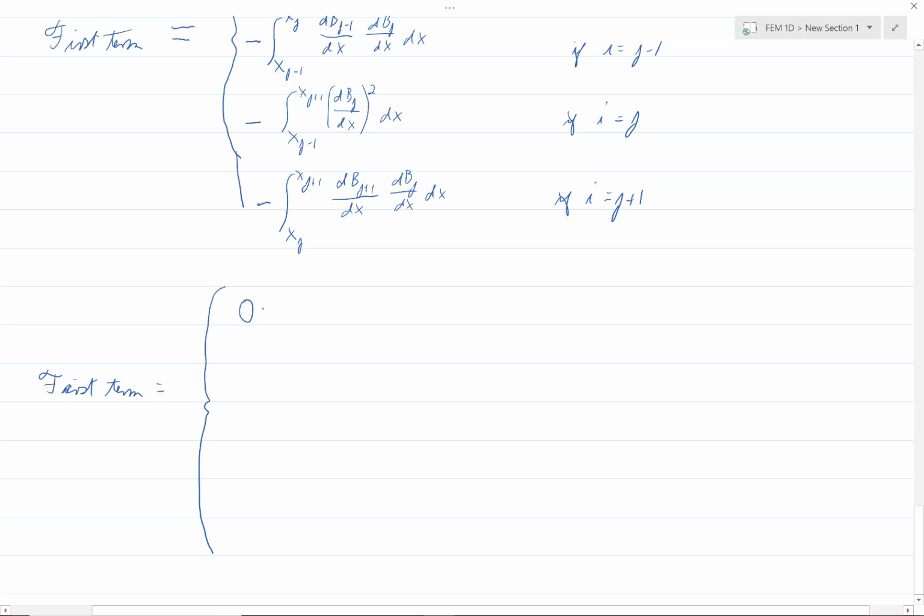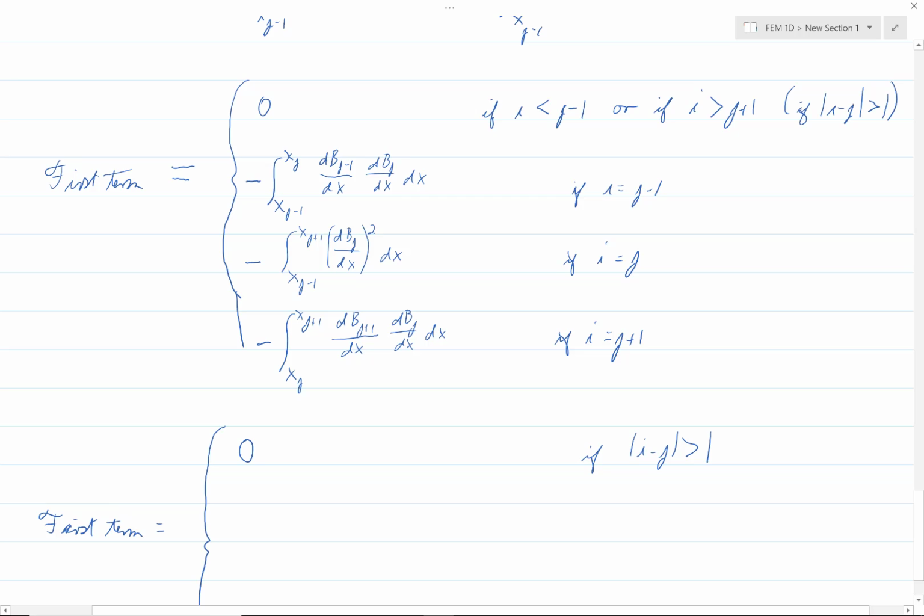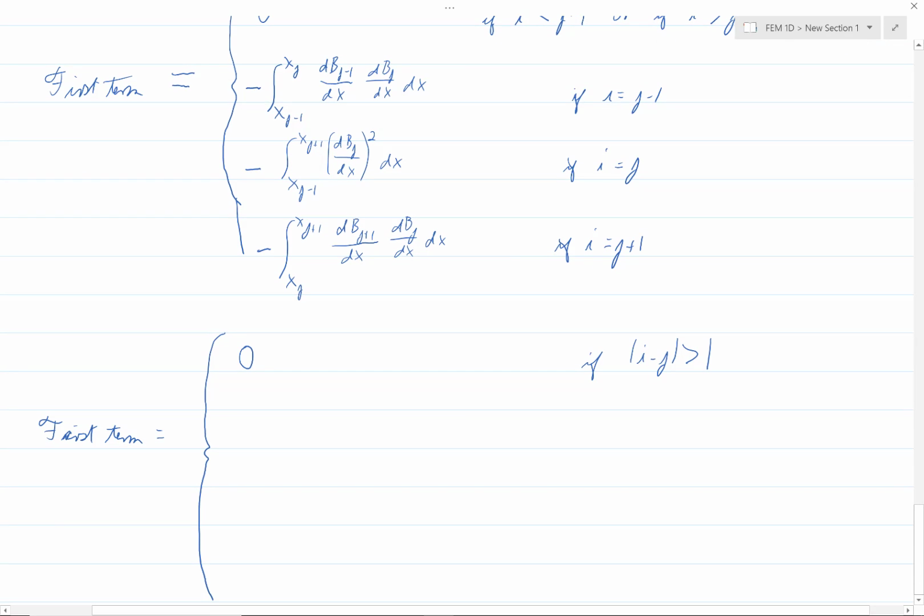So again, we get 0. That's already evaluated, and we'll write the restriction like that. Now, what about this next one? When i is equal to j minus 1.